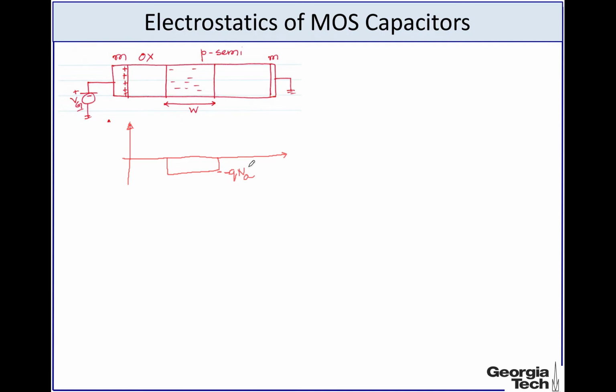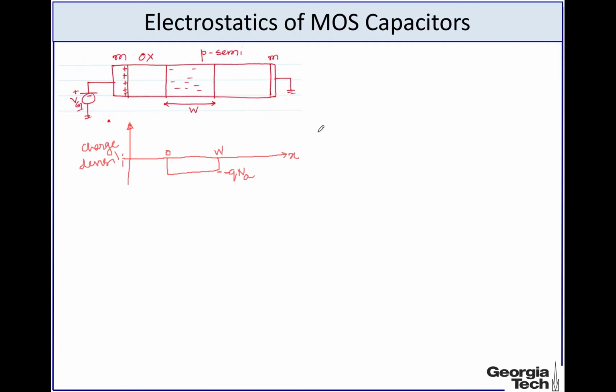So Na has a unit of per unit volume, and multiplying it with charge gives you coulomb per meter cube. This y-axis is charge density, and this extends up to x equals W, where x equals 0 is the oxide semiconductor interface.